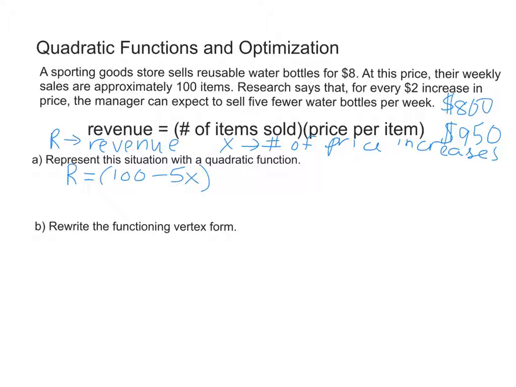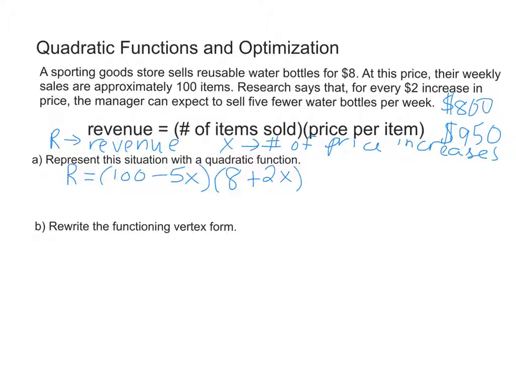Started at 100, and then it decreases, so that's why it's minus 5 bottles for every price increase. And then we need to multiply that by the price per item, which was originally $8, but it's going to increase by 2 for every price increase, so 8 plus 2x. That's the hard part.